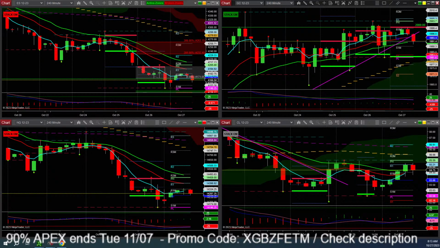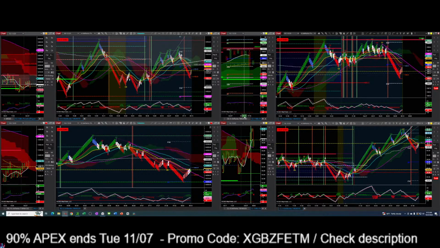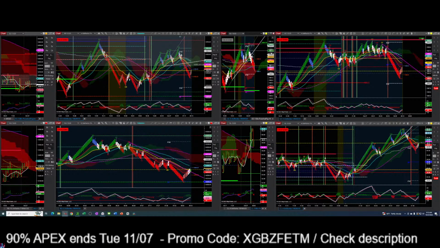So that's that. Let's go back to my main monitor. You see that it's retracing here, going in the negative direction. And then I have this higher time frame, double the size of 4.